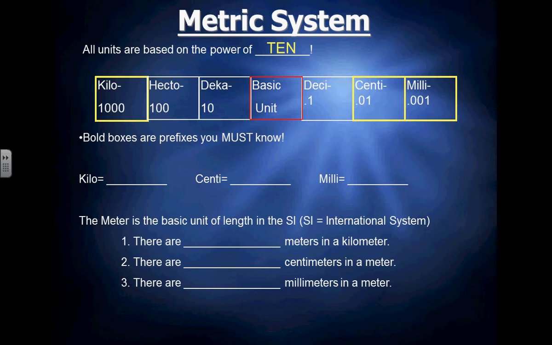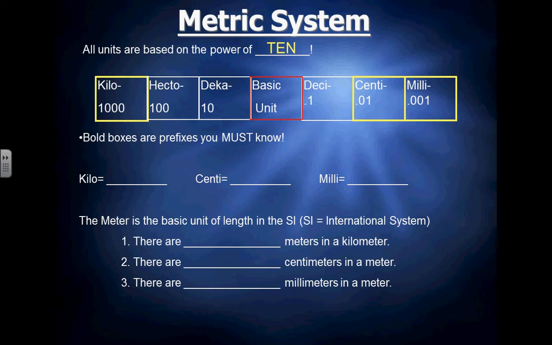Liter. Yes. Okay? So those are what we call base units. Everything is based on that one characteristic. That's the basic unit. Then, to go to the other units of the metric system, we use prefixes. Letters that come before the base unit, then modify it and make it larger or smaller.